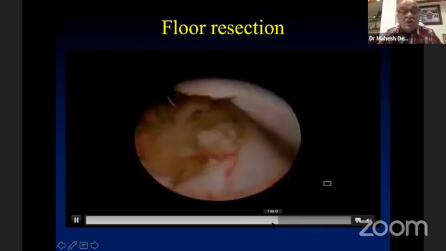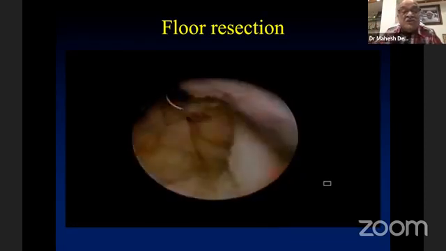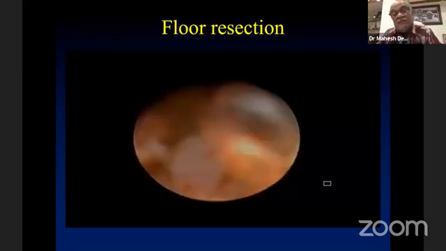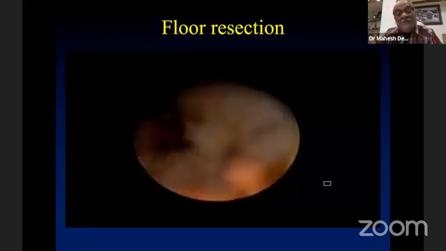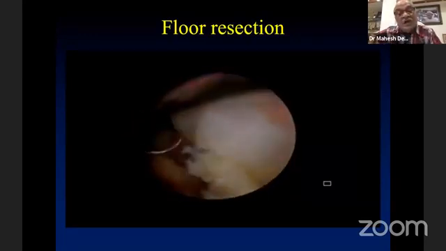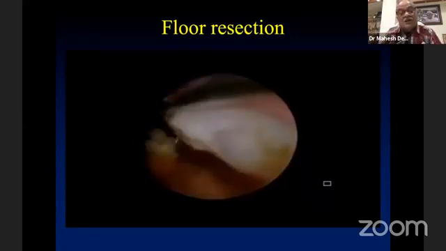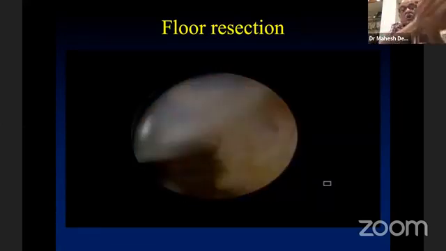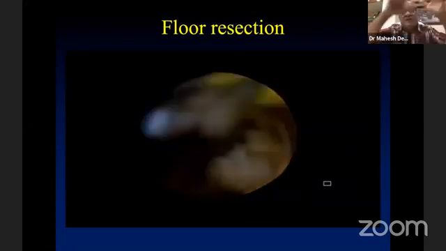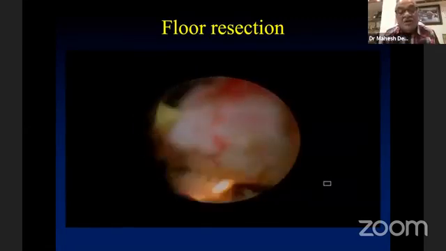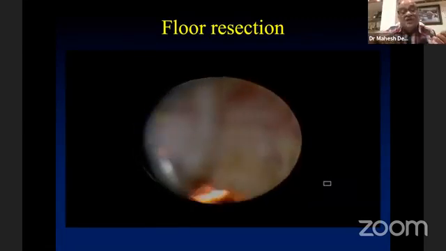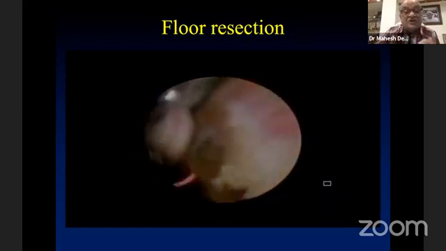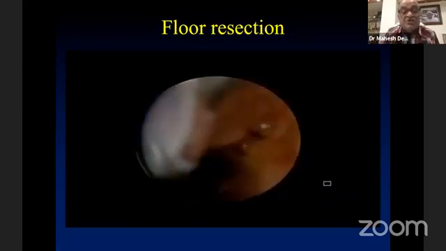Now, most important is when you resect, don't resect at the same place. Go to the next place, because what happens is that after resection, you go to the next place, and then come back to the original, and the prostate is pushed out. It's pushed out because the fibrous covering is gone, so it is easy to resect the prostate. You can see that the prostate is bulging into the lumen now.